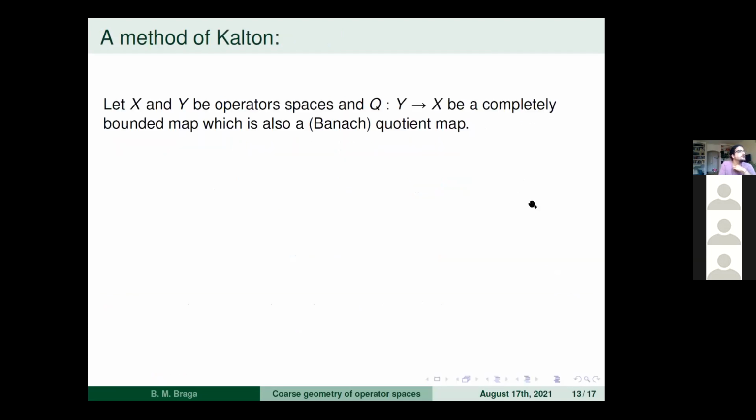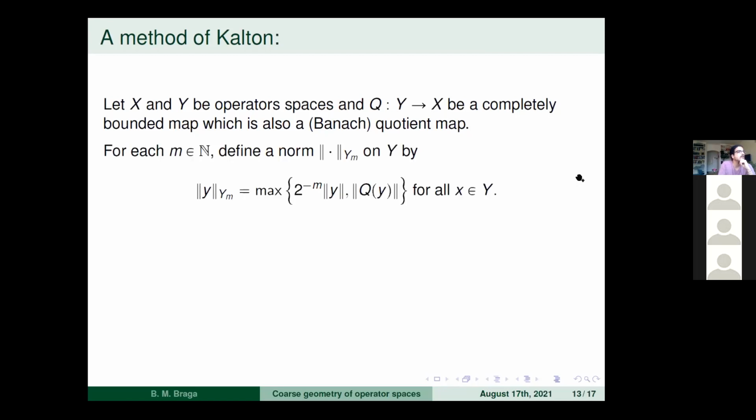So how can we do this? You start by looking at a quotient map. You have two operator spaces, Y and X, and a completely bounded map Q from Y to X, which is also a quotient map as a Banach space. If it's a quotient map as an operator space, even better, but we don't care about that. It's not necessary. Now you can give a sequence of equivalent norms to Y by defining it like this.